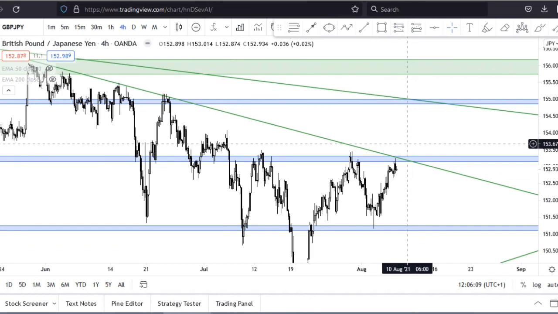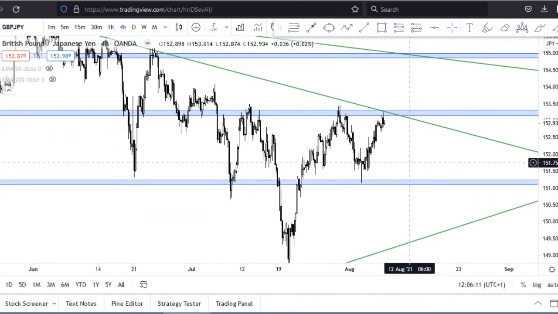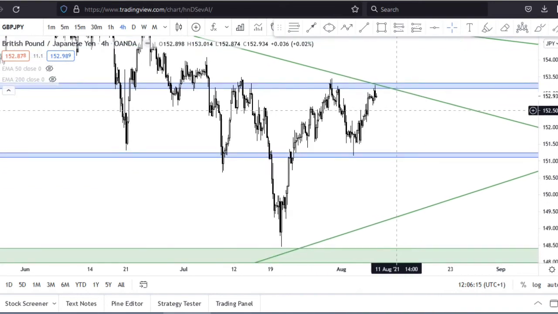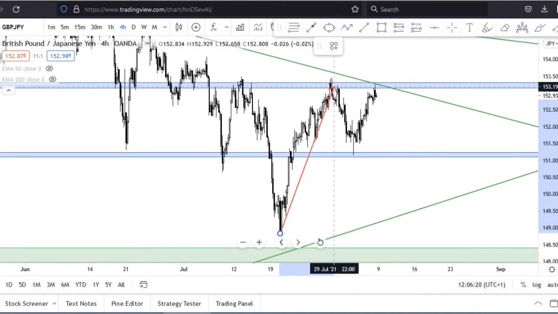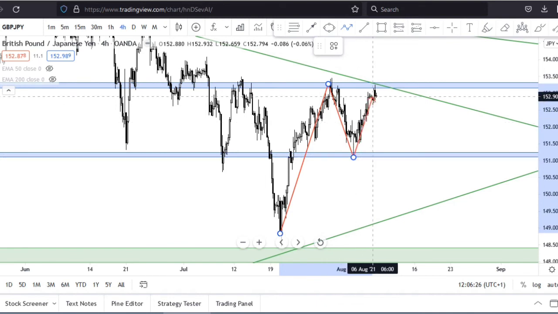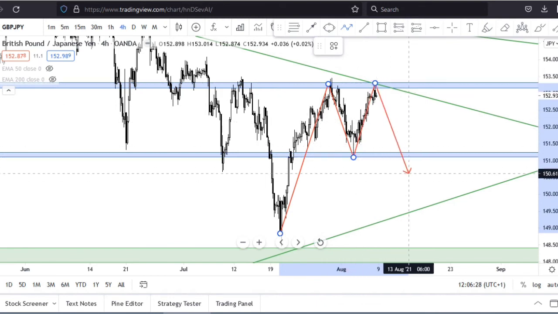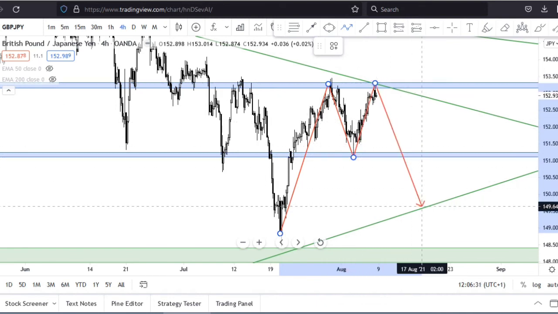Now, we can look at this in two ways. The first way is that a double top pattern is forming. From down there up to this level, then down here and back to the top, and it could be a bounce and continuation to the downside, or at least to this level over here.